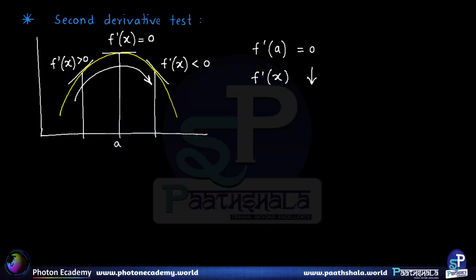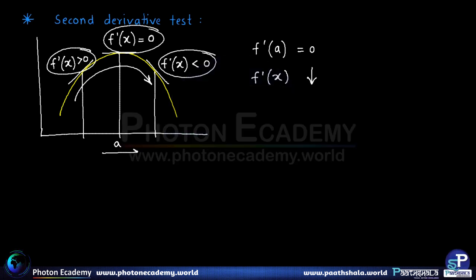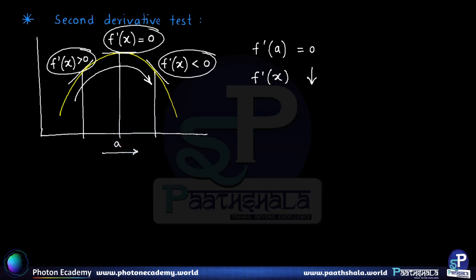Have you understood this? Understand once again. The first derivative initially was positive, then it becomes 0, and then it goes negative. So that means the first derivative is continuously decreasing as we pass through the point of maximum. Now if a certain function is decreasing, then its derivative must be negative, as we have seen in the topic of increasing and decreasing functions.